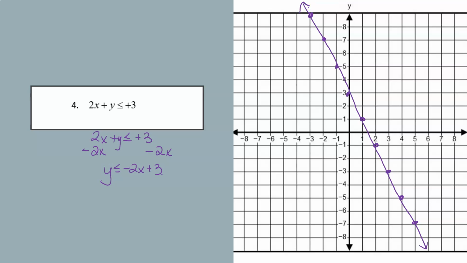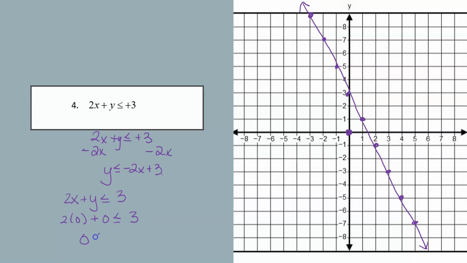I'm going to go back to my test point of 0, 0. Doesn't matter where you plug it in. I go back to the original. So I have 2 times 0 plus 0 is less than or equal to 3.